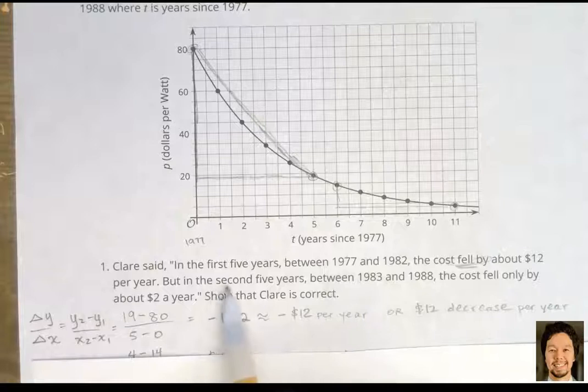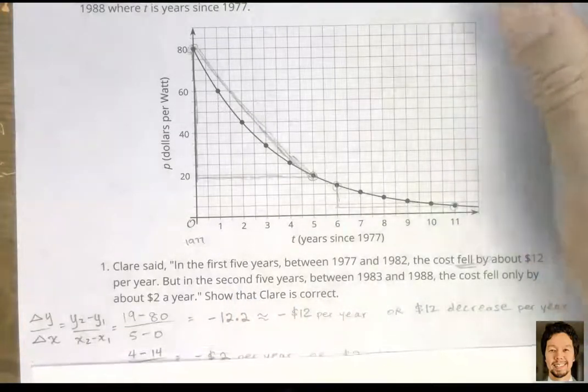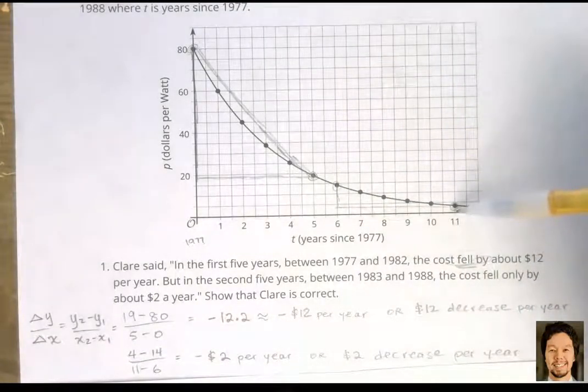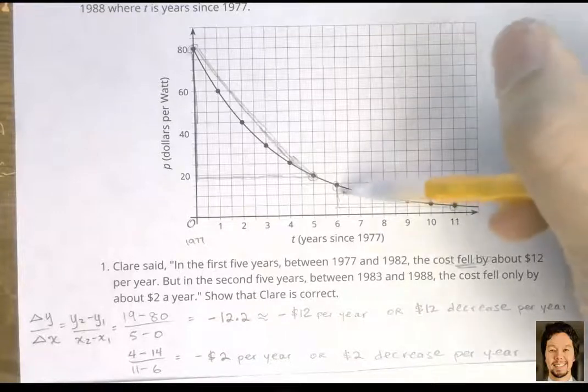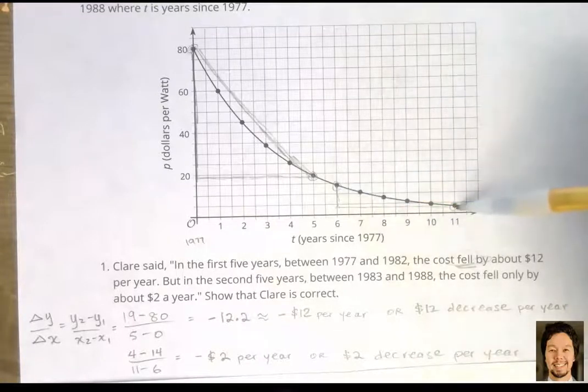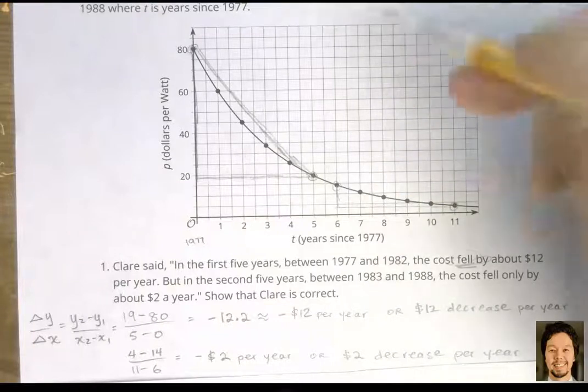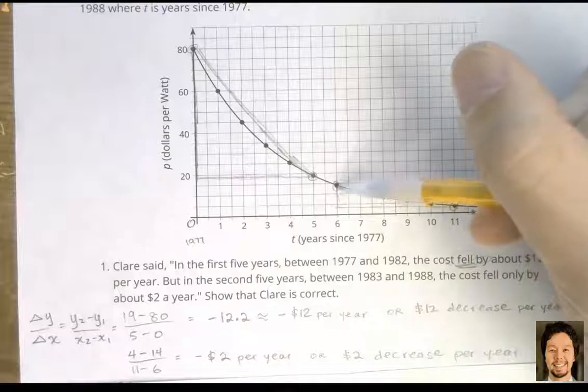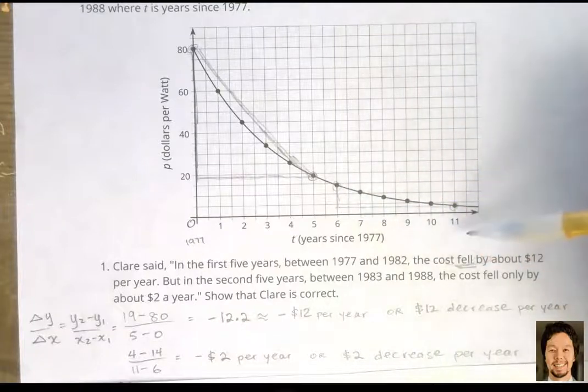So Claire said the second 5 years between 1983 and 1988. So here we have 1983. Right here's 1983 and here's 1988. So between here and here, we have $4 minus $14 and a difference of 11 minus 6.